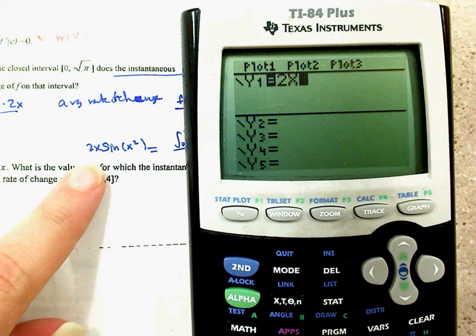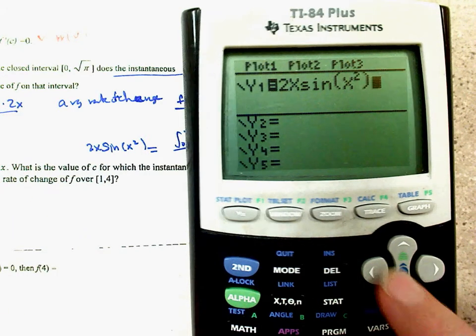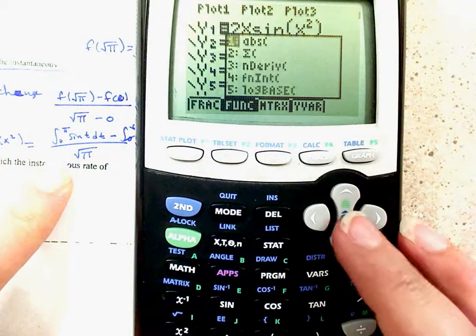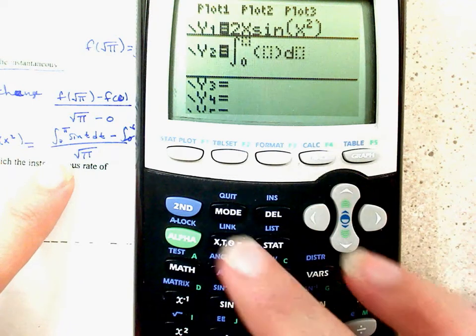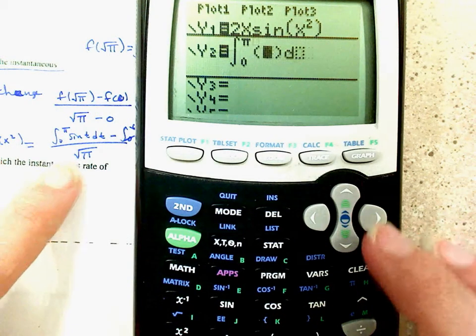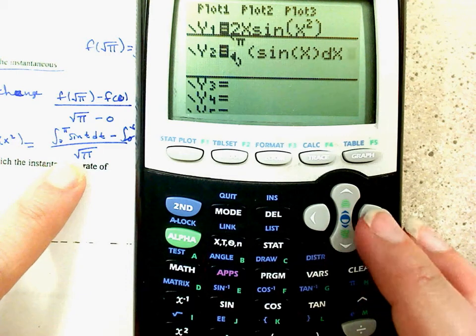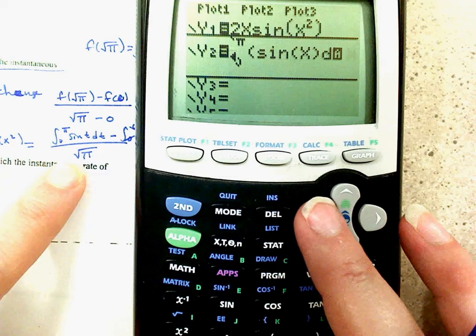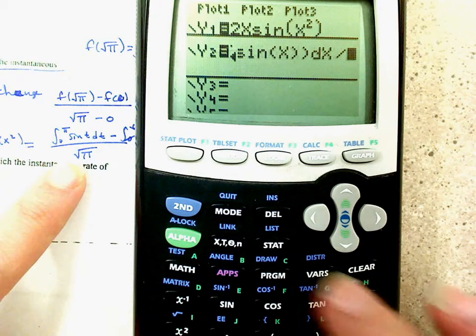And then in this one, I'm going to type in this integral. So from 0 to pi of sine of x dx, and then I'm going to divide by square root of pi.